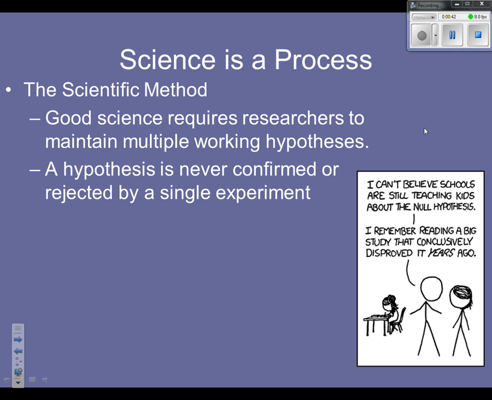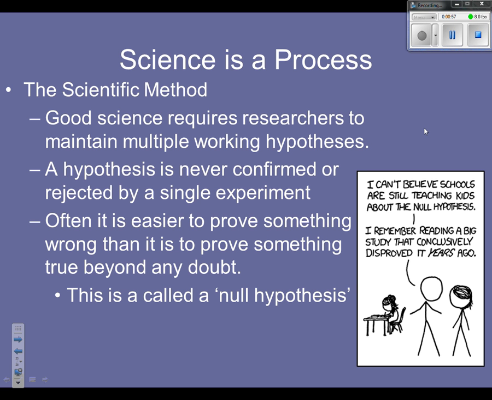The problem with your hypothesis is that it can never be confirmed or rejected by a single experiment. You need to have multiple sets of data to really confirm or reject your hypothesis. However, it's easier to prove something wrong than to prove something true.